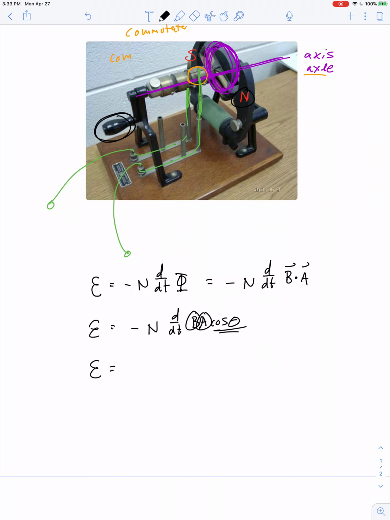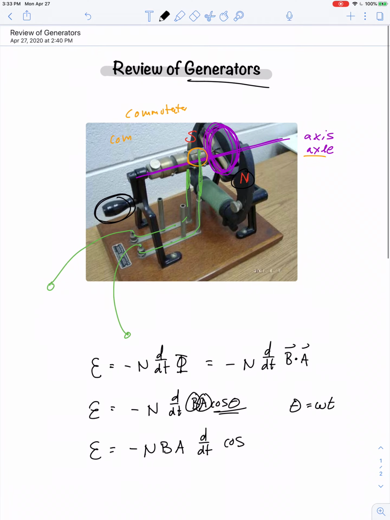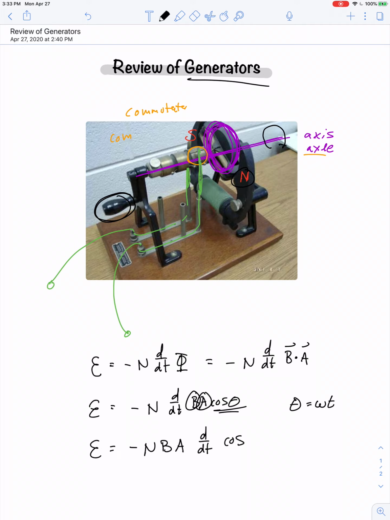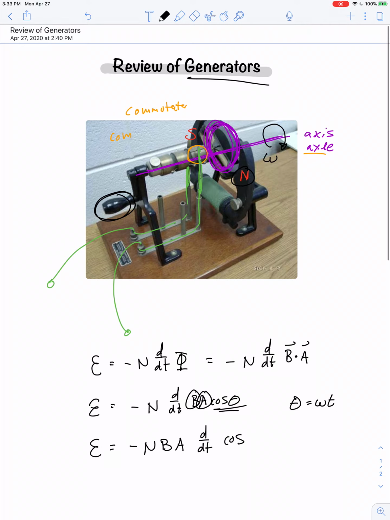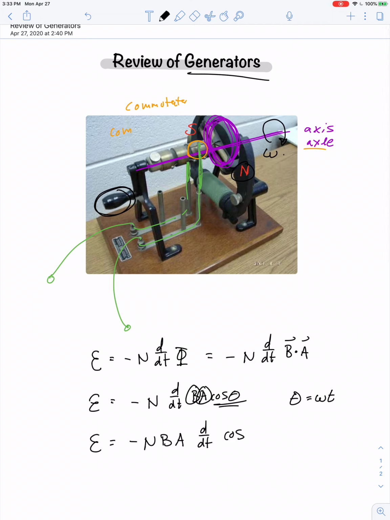So the EMF is equal to negative NBA times d/dt of cosine, and here we'll say theta is omega t. If the axle spins at a steady angular speed, omega, then that value of omega is expressed in radians per second. And remind you that omega is d theta/dt.